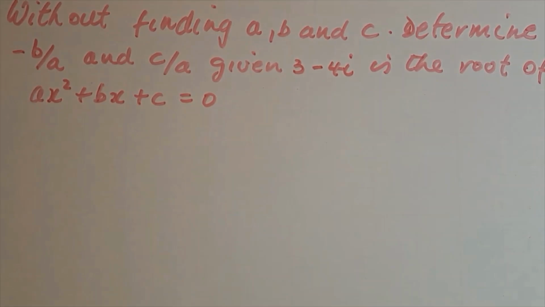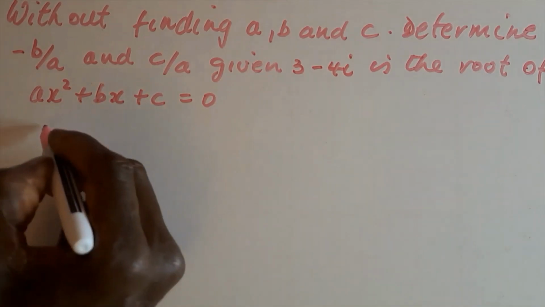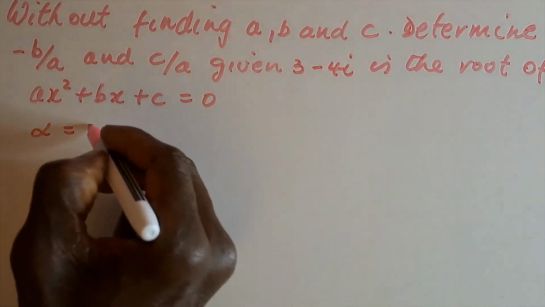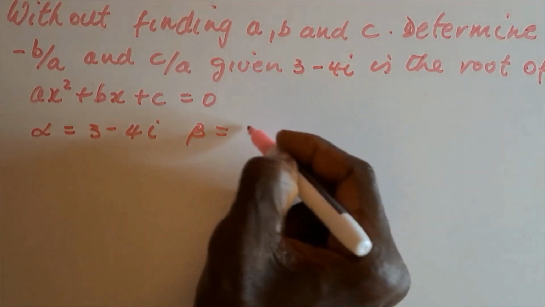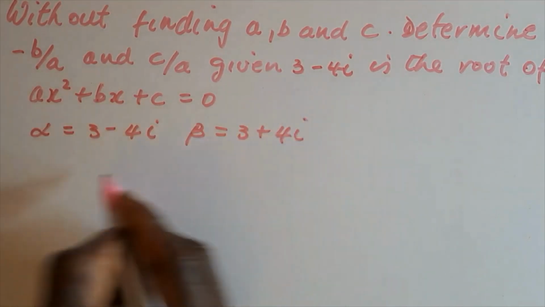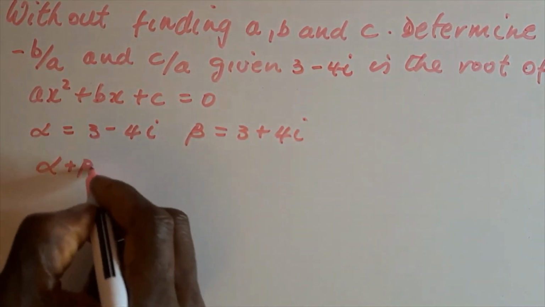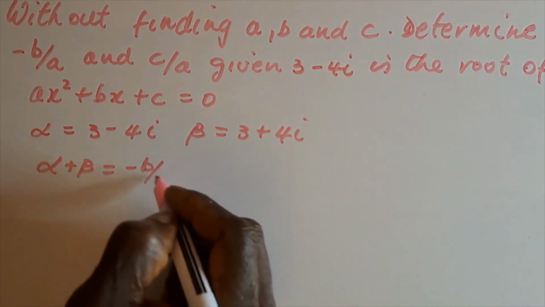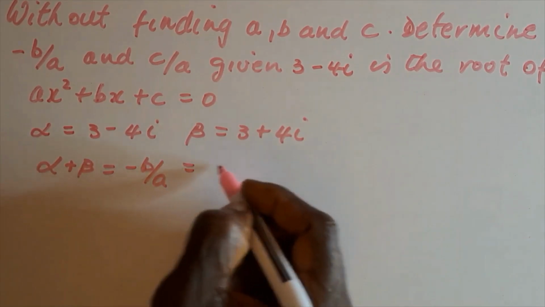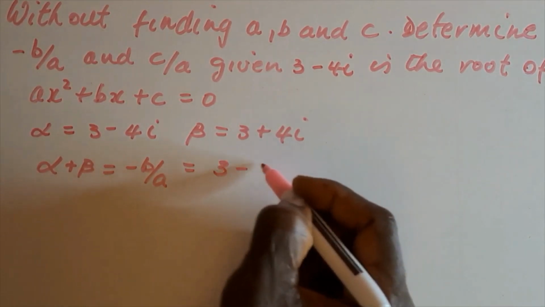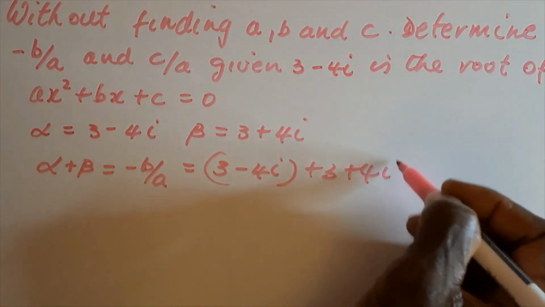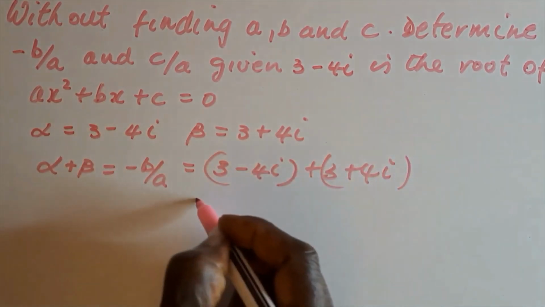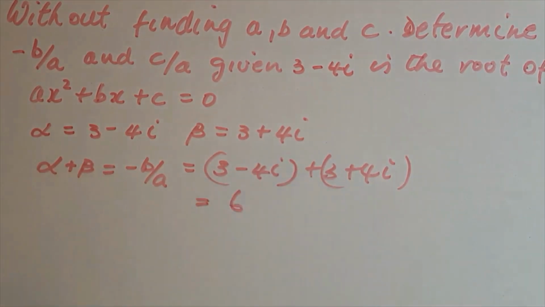Again, a similar problem, but we have a root now of 3 minus 4i. We'll call that alpha. That's equal to 3 minus 4i. And its complex conjugate we'll call beta, which is 3 add 4i. And we know the relationships alpha add beta is equal to minus b over a, which is equal to 3 minus 4i added to 3 add 4i, and this is equal to 6.